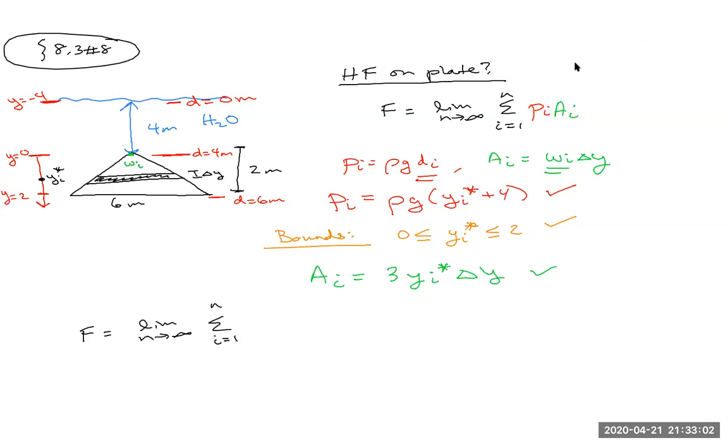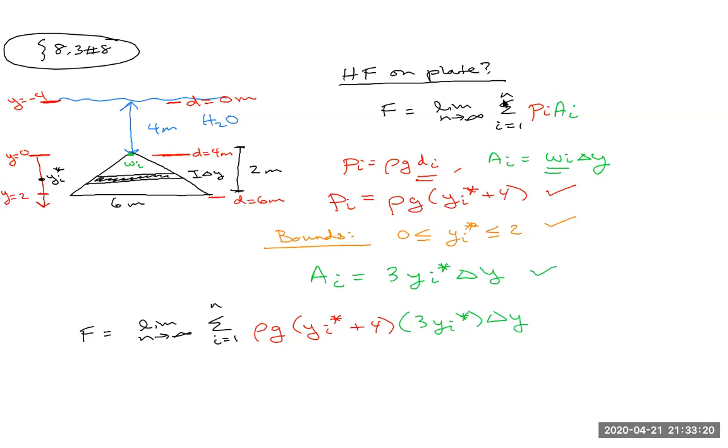We have P sub i as rho g yi star plus 4, and we have area as 3 yi star times delta y.